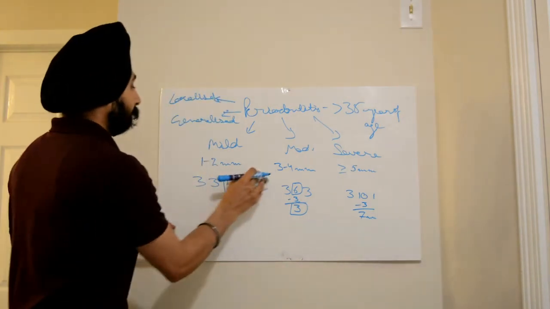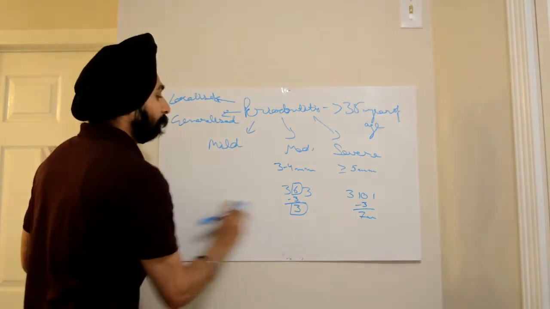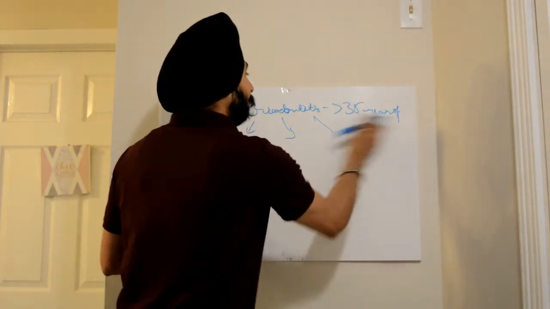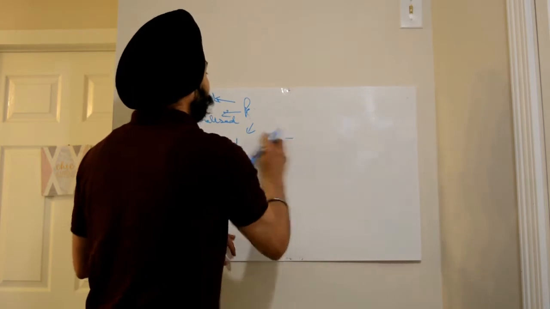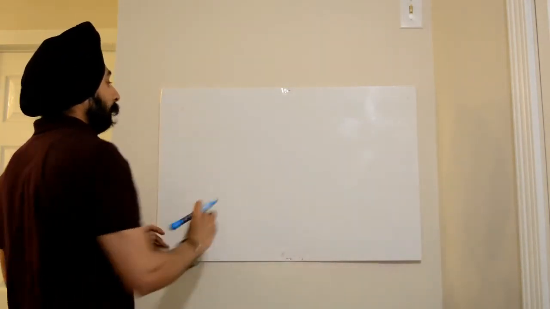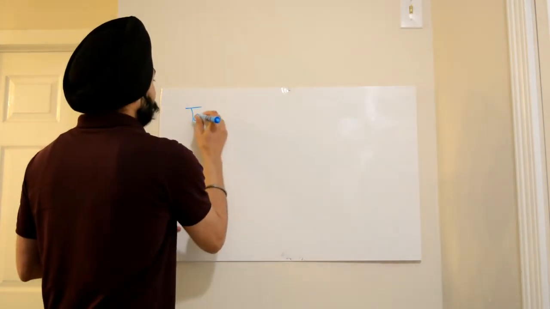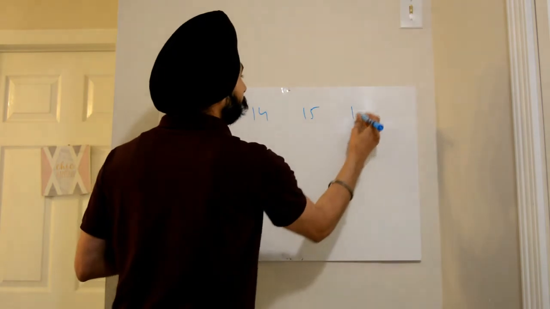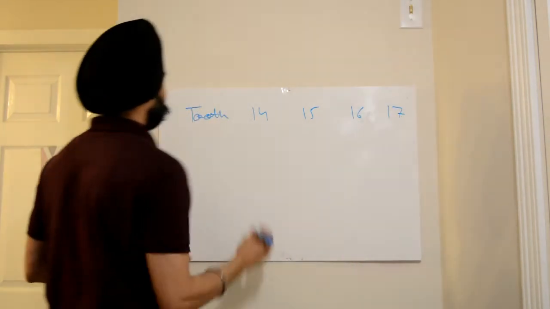I will make it easy for you basis on the perio chart. Let's draw a perio chart to find out what is localized, what is generalized. So let's say the tooth number 1, 4, 1, 5, 1, 6 and 1, 7.